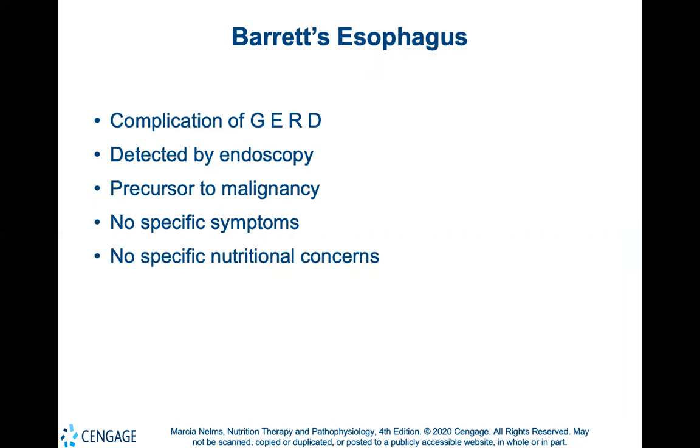Patients do not experience any specific symptoms with this condition outside of those experienced with GERD. It is generally undetected unless the patient has a biopsy done as part of an upper GI diagnostic workup or treatment of GERD. There are no specific nutritional concerns unless the patient is diagnosed with esophageal cancer.